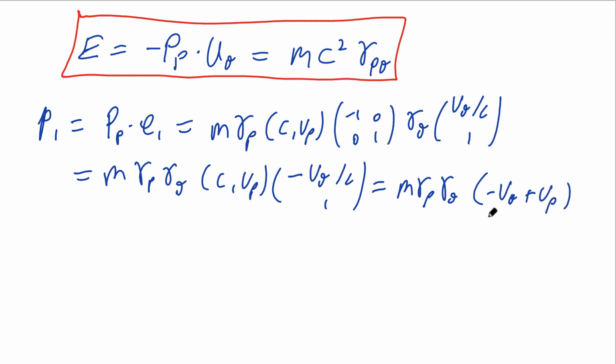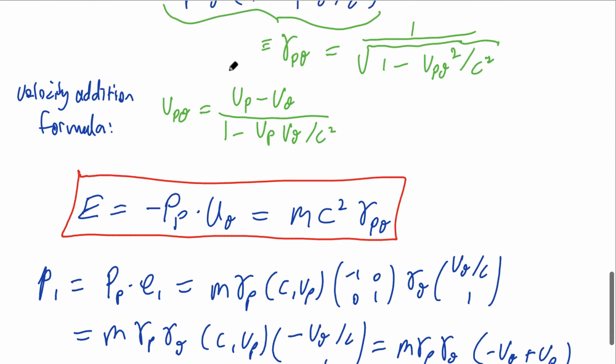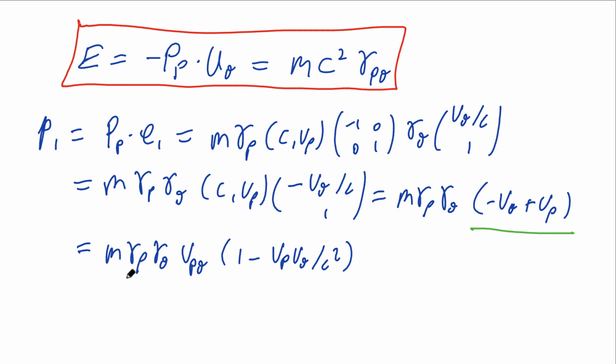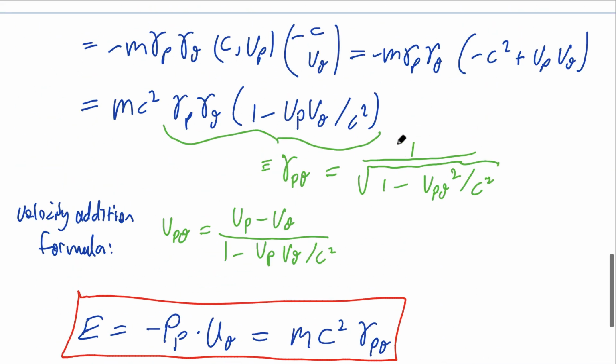Now if you'll recall from above, vp minus vo is vpo times this factor. So we have m gamma p gamma o vpo times the factor 1 minus vp vo over c squared. But now gamma p gamma o times this factor is gamma po.